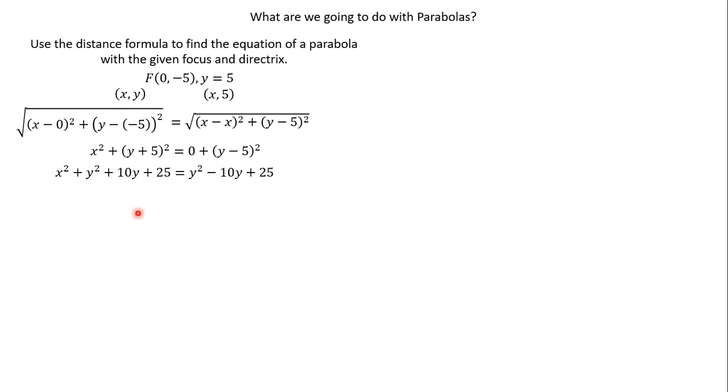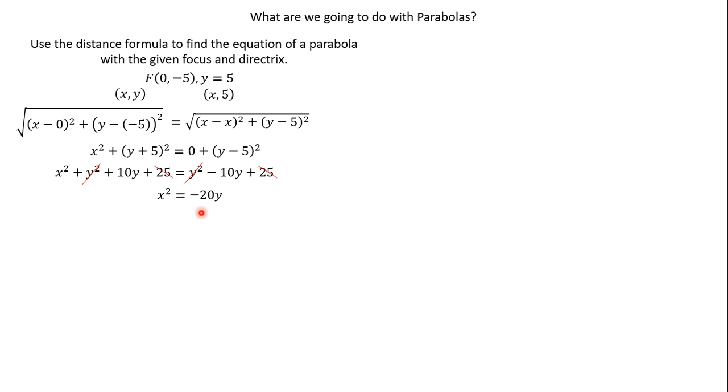So when we distribute, we get this, and then we can move things. Well, we have a y squared and a y squared, so those are going to cancel each other out. We have a 25 and a 25. Those are going to cancel each other out. So if we just subtract the 10y, we get x squared equals negative 20y.